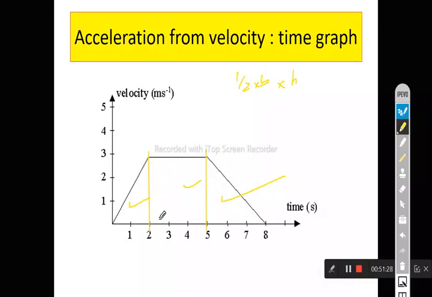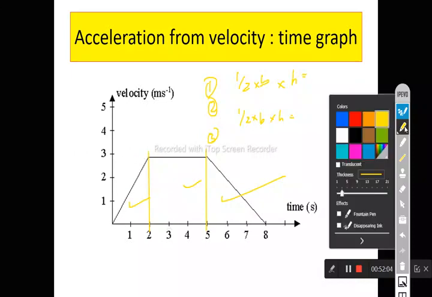So, watch me now. What is the height of the triangle? What is the base length? 2 units. So triangle 1, we'll do it one by one. Half base times height. The base is what, on the first one? 2.